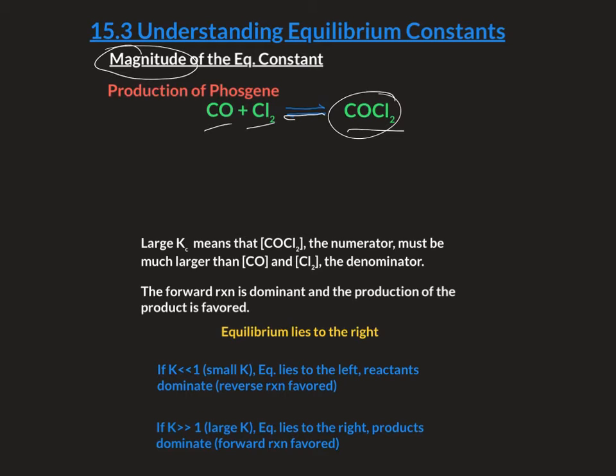So the equilibrium expression, we'll do it in terms of concentration. I could do it in terms of pressure as well, but I'm just choosing concentration here. It's a little more common. So the format is the concentration of your products over the concentration of your reactants. So in this particular case, my product is phosgene.